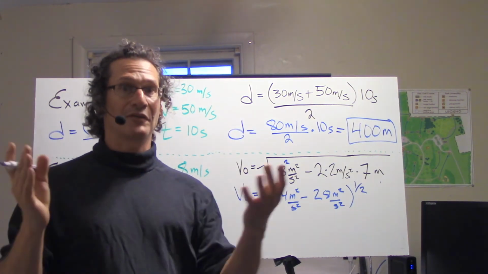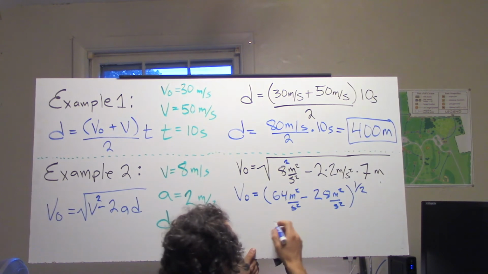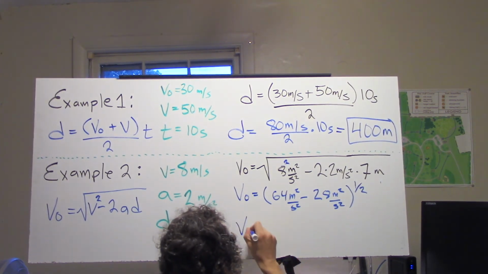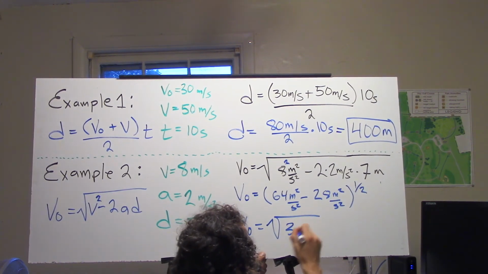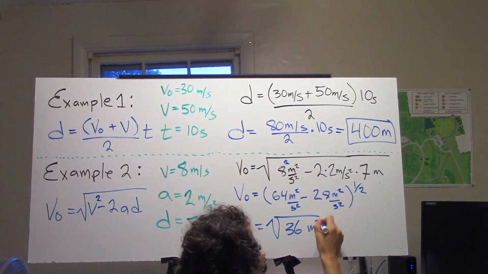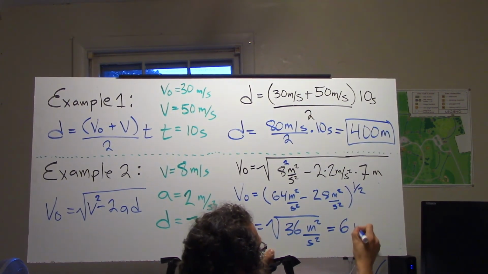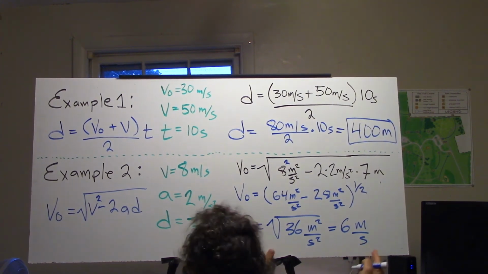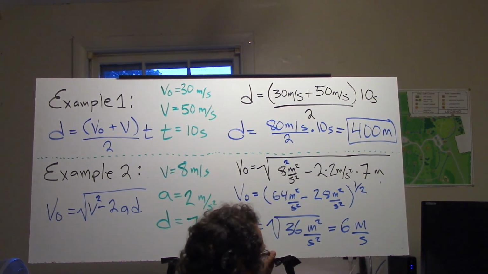Units work when you check them. 64 minus 28 gives us v naught is the square root of 36 meters squared over second squared, which is equal to 6 meters per second, the unit we would expect for v naught, velocity.